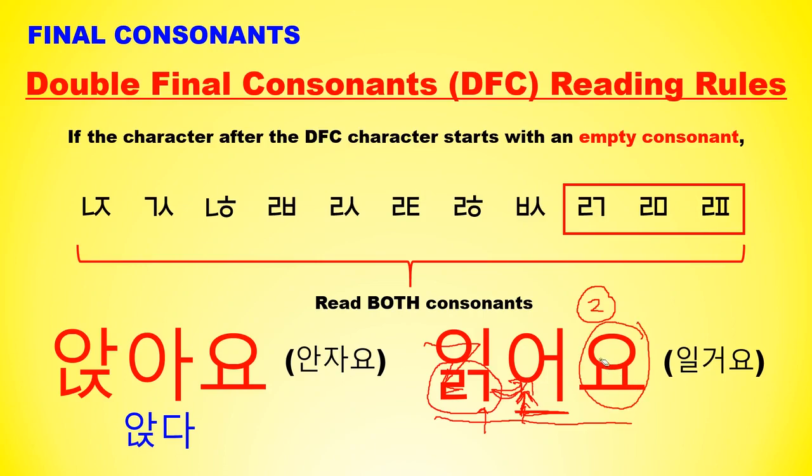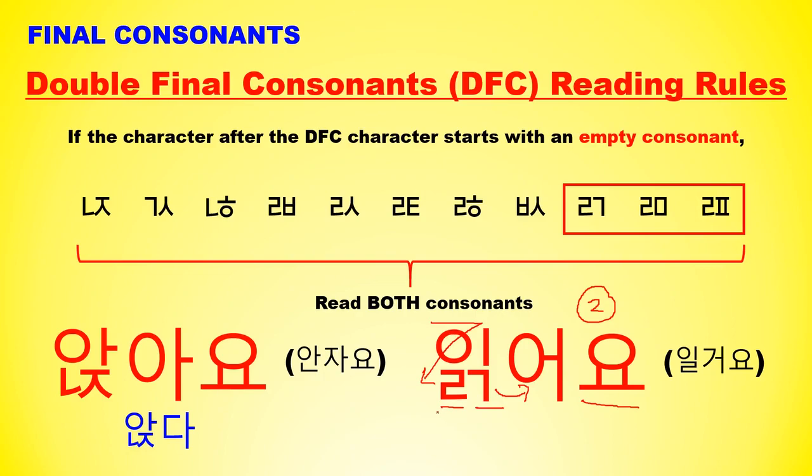One more time. 읽어요. Do you see that? I read both the consonants. This is what it means by reading both consonants, not combining both together and combining the sounds together.